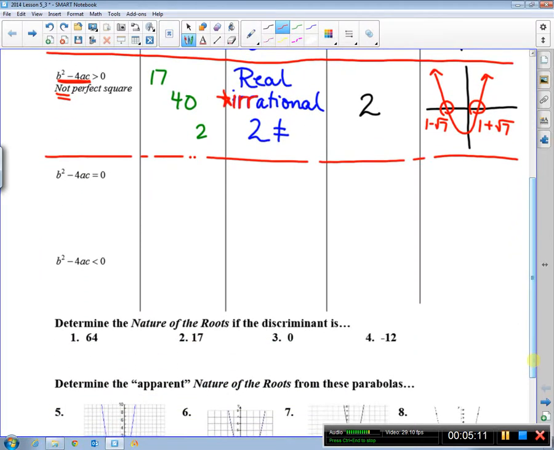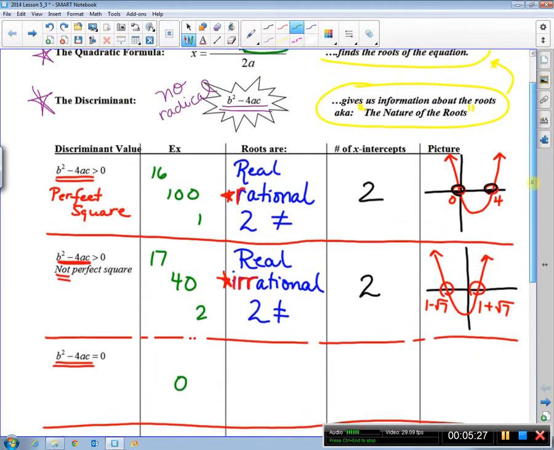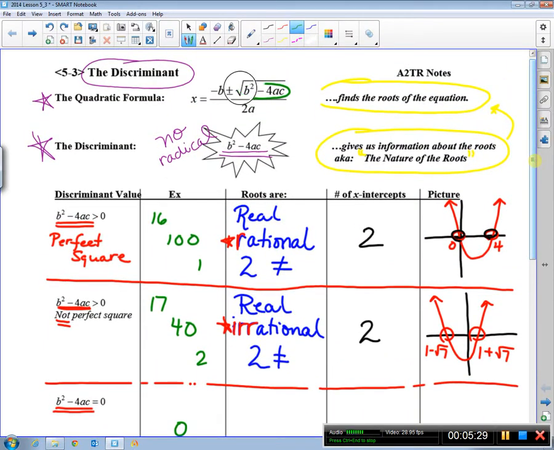All right, the third case is that our discriminant is exactly equal to 0. Let's peek at that quadratic formula. If this equals 0, think about what you're getting.